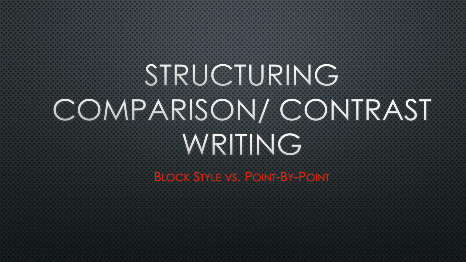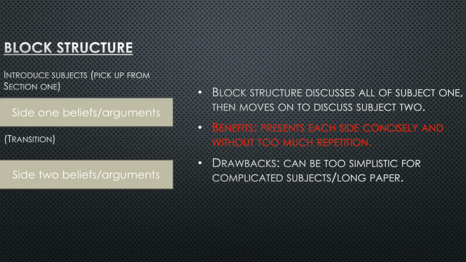So, the structure of the comparison and contrast essay. There are two types: the block style and the point by point. So first, looking at the block structure. To begin, you're going to introduce the subjects, which you pick up from section 1.